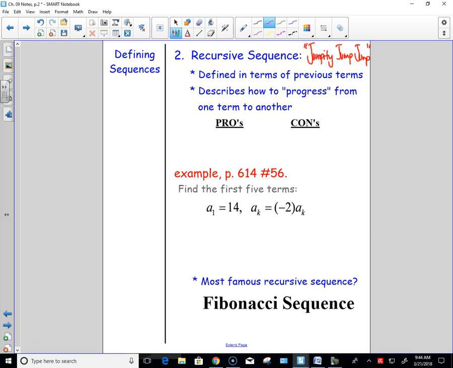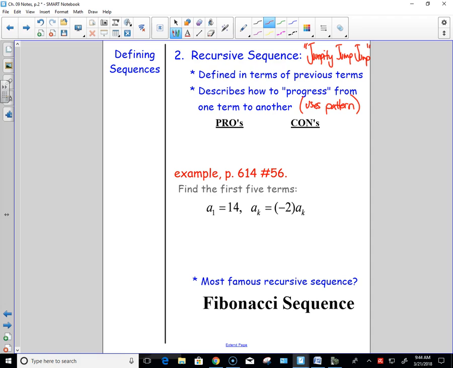So you'd be having to do it by hand, or the calculator would be doing it for you much, much, much, much quicker. But what's going on? Each term is defined in terms of previous ones. And it just describes how to progress from one term to the other, aka it just shows or uses the pattern. And as Jacob already said, the pattern might be totally unrelated with the nth term formula.